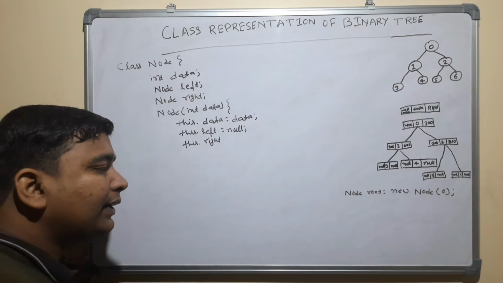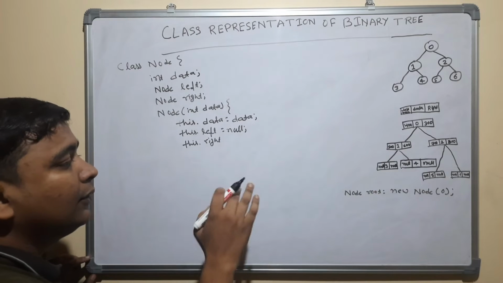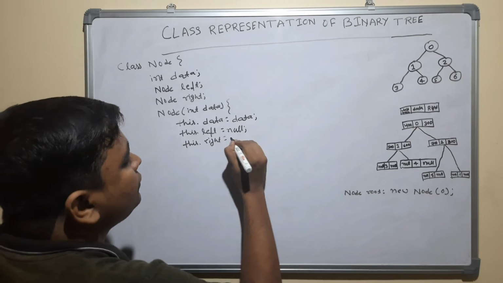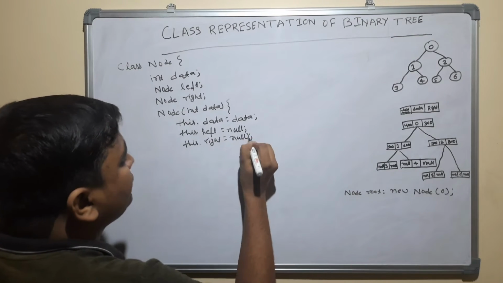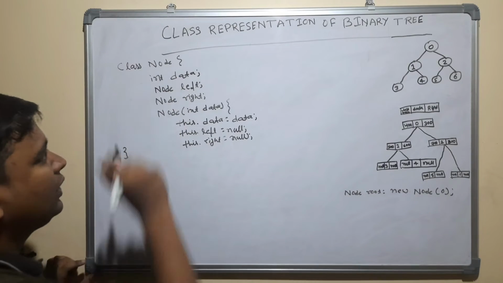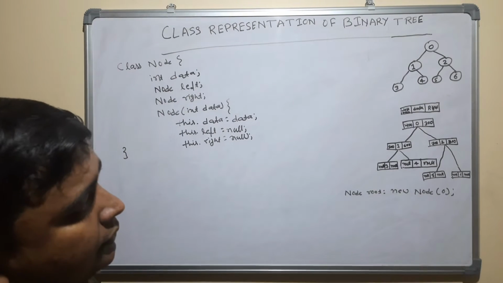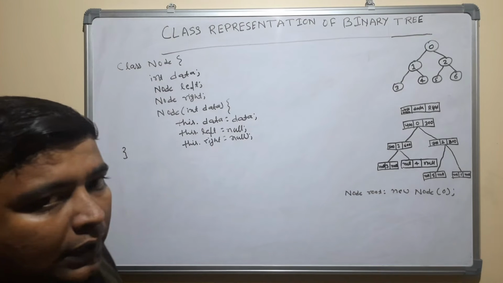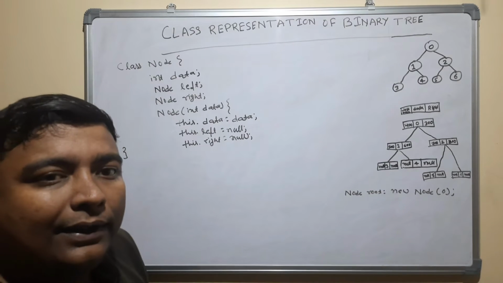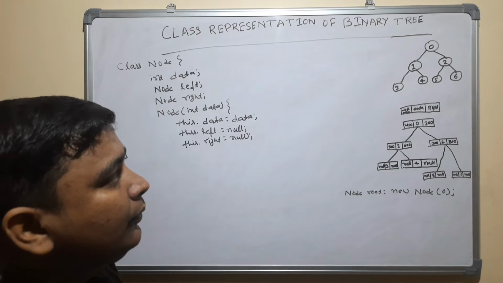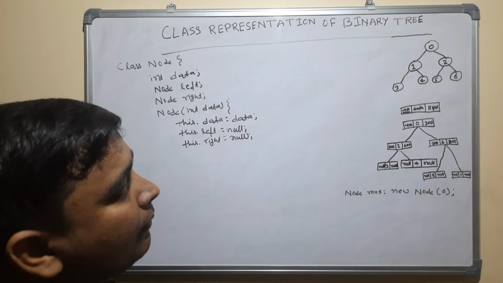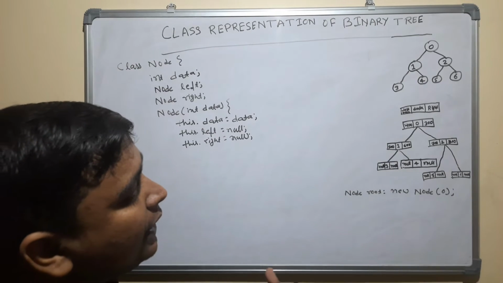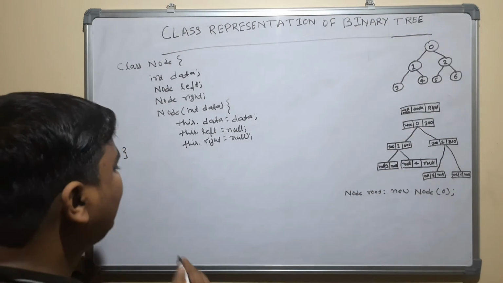Later on we can reinitialize the left and right with some node value. This is the node class. Now the node class we need in the binary tree class. So we are representing a binary tree in the binary tree class.